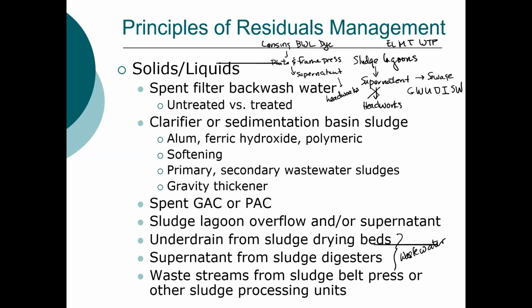East Lansing Meridian Township have made some process modifications in their plant so that they no longer recycle that supernatant from the sludge lagoons, in order to become a groundwater plant again, and not to be a groundwater under the direct influence of surface water. So that's an important distinction.